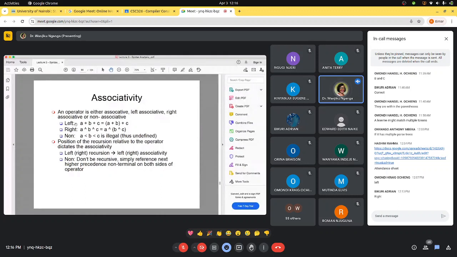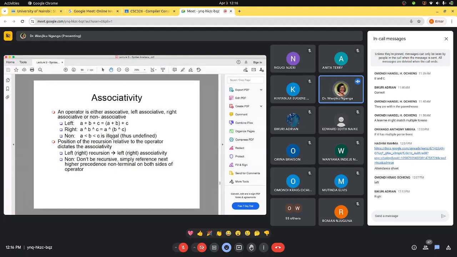Left associative means the operator binds from the left to the right. So if you have A plus B plus C, it first starts with the leftmost operator and then does the right one. If it's right associative, for instance exponentiation, you first do B raised to C and then A raised to the result of this. Non-associative means it's illegal, it should not be allowed.